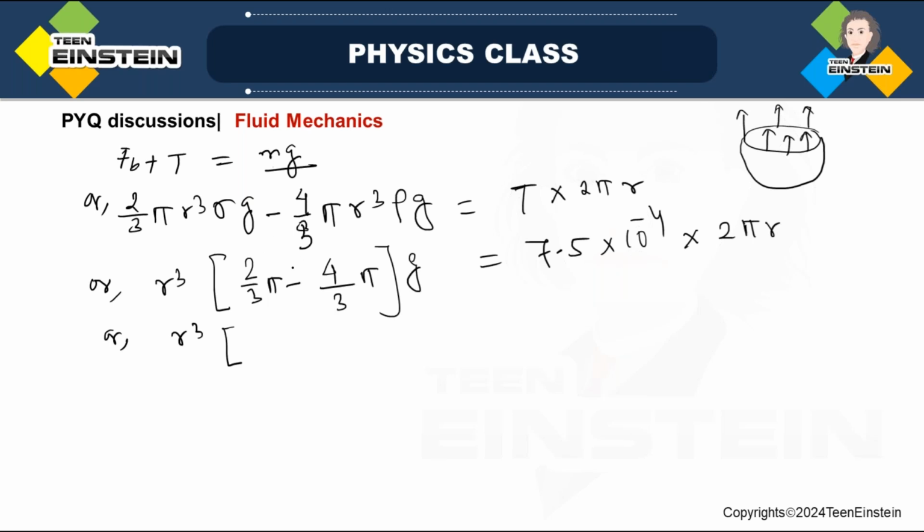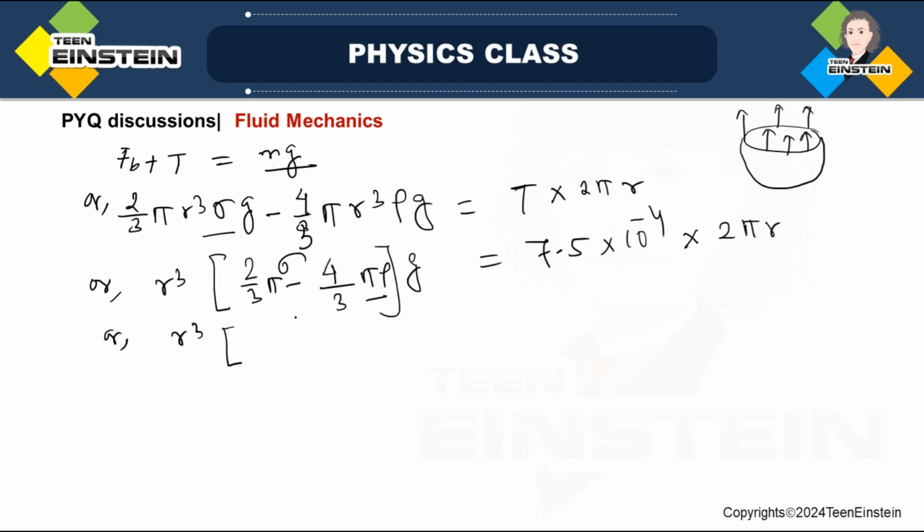Okay, so from here, then what we get? I see here I have rho and sigma. This is sigma and this is rho. One sigma will be here and one rho will be here. Let me just do a little bit of simplification over here.